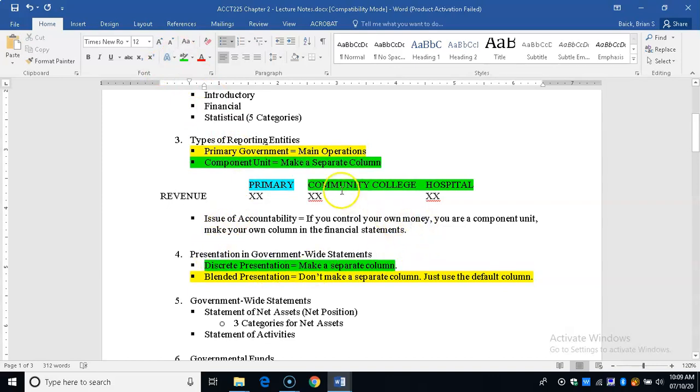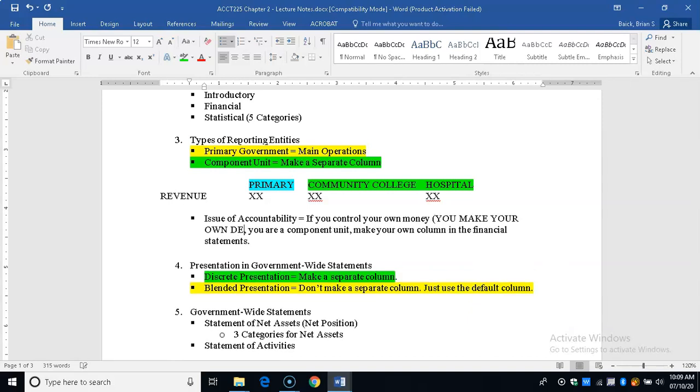Okay, so how do you know whether to use a primary government default column or make new separate columns? The issue is accountability. That's how you know. So if you control your own money, then you're typically going to be a component unit. Right? So we can say if you control your own money, and controlling your own money means you make your own decisions, then you're pretty much independent. You can think of that in real life too.